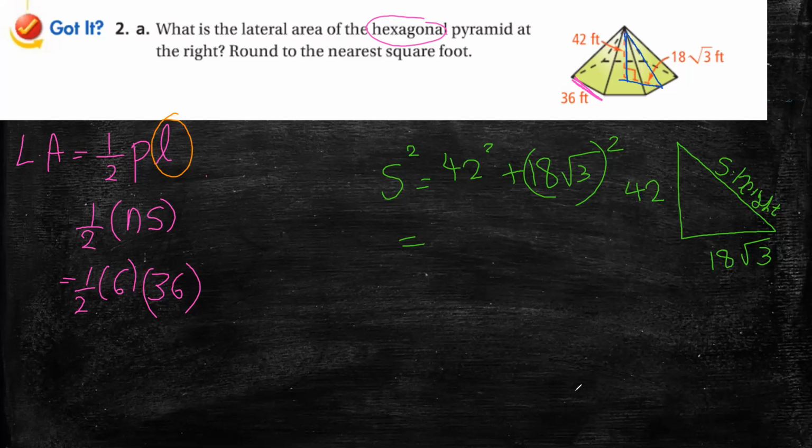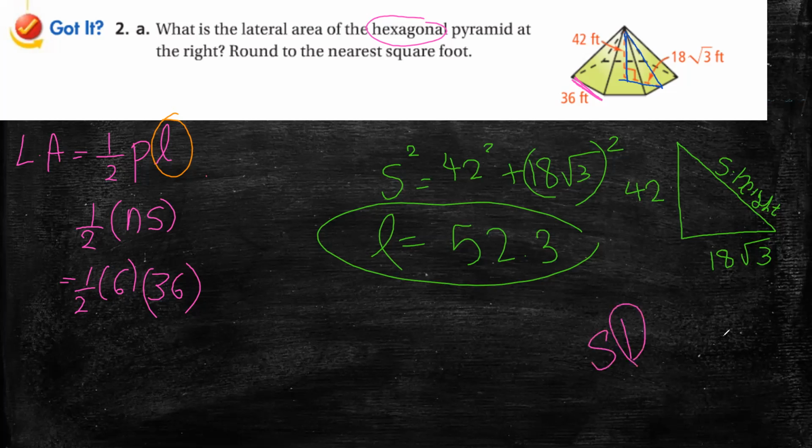Take the square root of the answer, and you will find that the slant height is 12 square root of 19, or you can say it is 52.3. So this is now the slant height, or name it with L. We don't name it with H because H means the height of the shape. The slant height, we write it with the letter L.